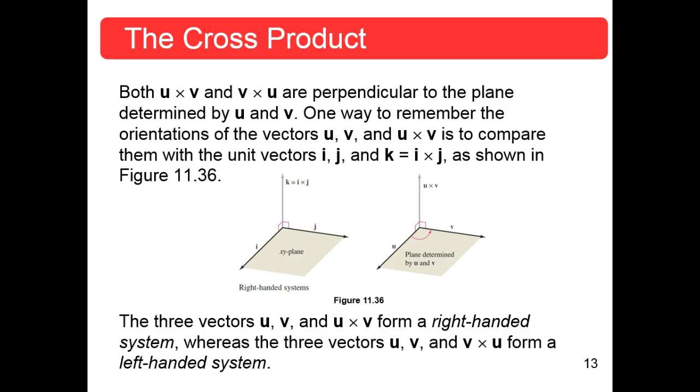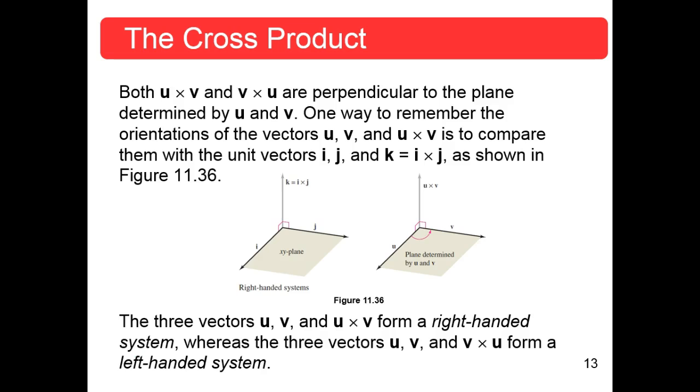Okay. I don't know if this is helpful to you or not. It's definitely true. The orientations of the vectors U, V, and U cross V can be compared with the unit vectors I, J, and K, remembering this. I don't like the way they wrote that.